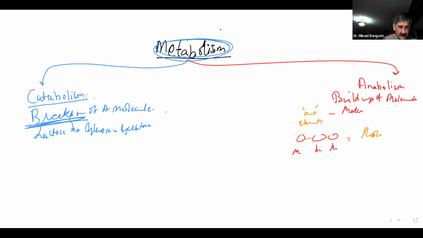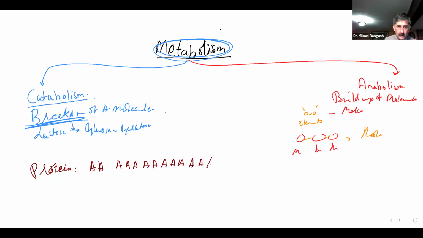Just as I said earlier, we might have a protein, which was made up of a bigger or longer chain of amino acids.